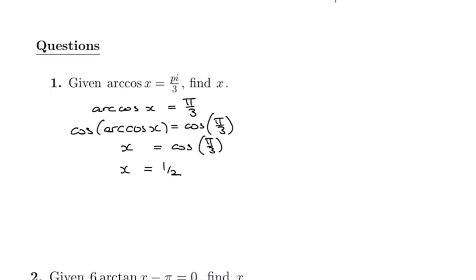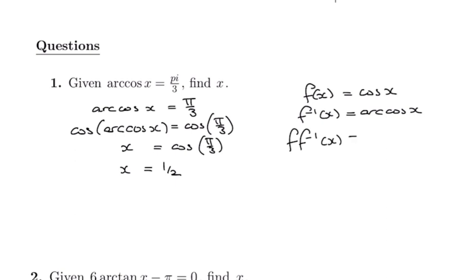Now the reason that cos and arc cos cancel each other out, if you remember back to the work we did on functions, is this. If I say that f of x equals cos x, then f to the -1 of x is arc cos x. If I do a composite function, the composite function I want is f to the -1 of x, that will be cos of arc cos of x.